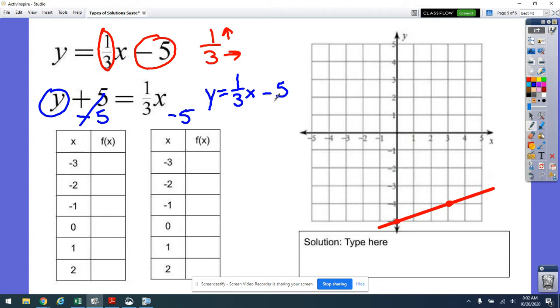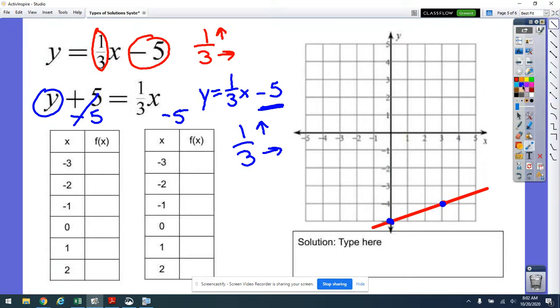So I'm going to look at my starting number, my -5. Okay, that's weird. It starts at the same one. Have my slope positive up and to the right. So I go up 1 over 3. Now, what do you think about the solutions of this? I'm going to connect it here. Move this down here.